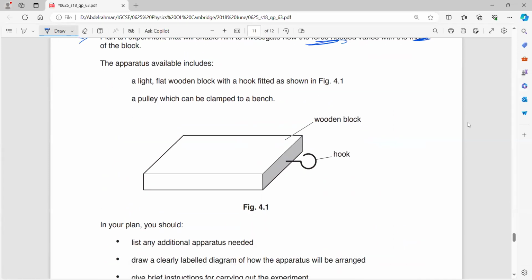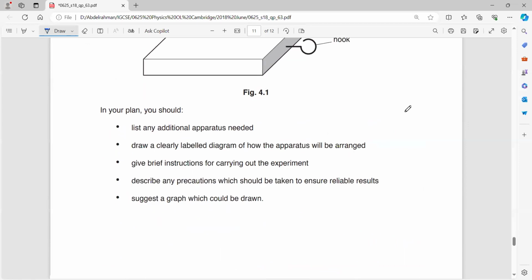This is the apparatus. I have this block, and I have a pulley which can be clamped to a bench. In your plan, you should include the apparatus. Draw a clearly labeled diagram. We need to briefly say what we will do, what the method is, what the steps are, and any precautions.